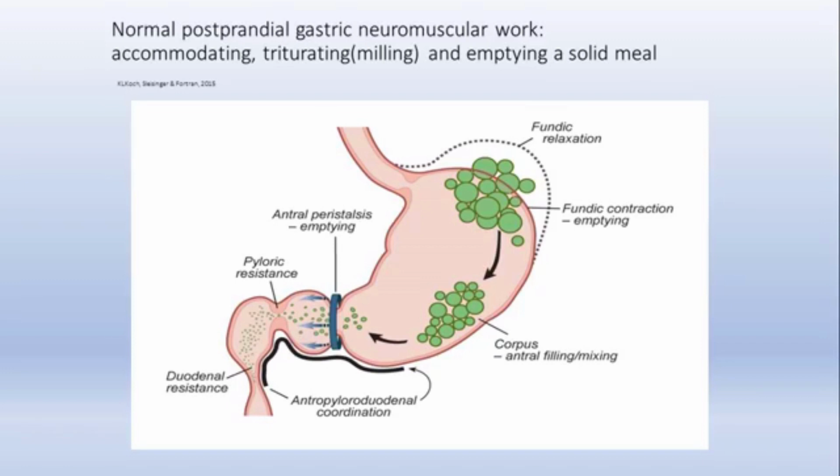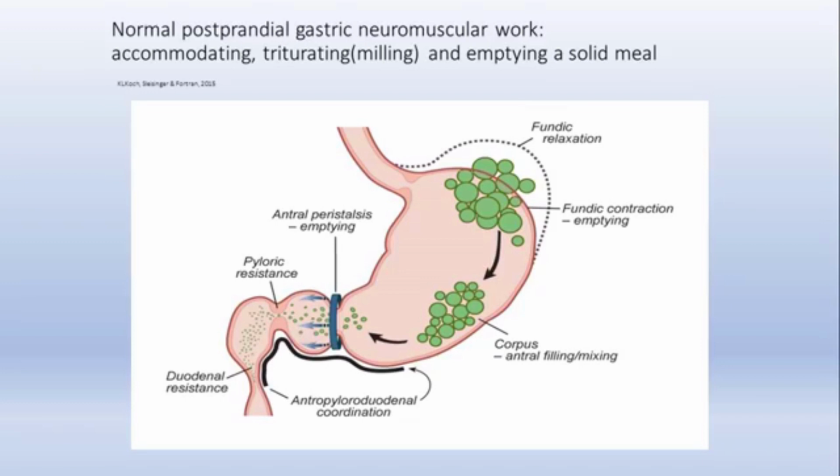And then with peristaltic waves, the tiny amounts of food are emptied through that pylorus. You see where it says pyloric resistance. So each peristaltic wave comes down the stomach, the pylorus empties to a degree, and an amount of this milled food, it's called chyme, is emptied into the duodenum. And this happens over and over and over to empty our food.